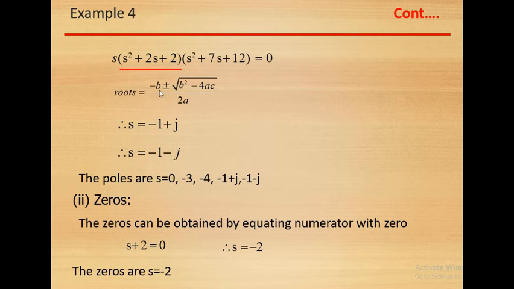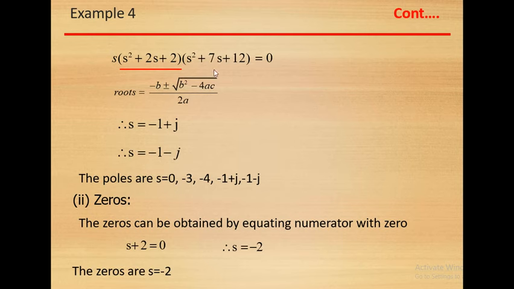In this way I can put in the values: minus 2 plus under root 2 square, that is 4, minus 4 into 1 into 2, divided by 2 into 1.